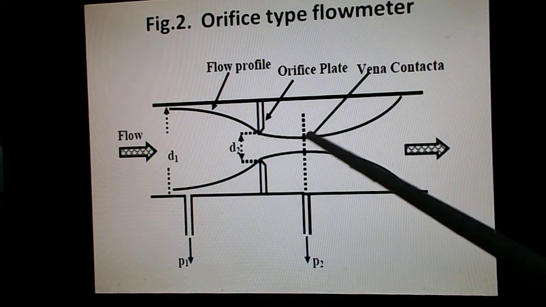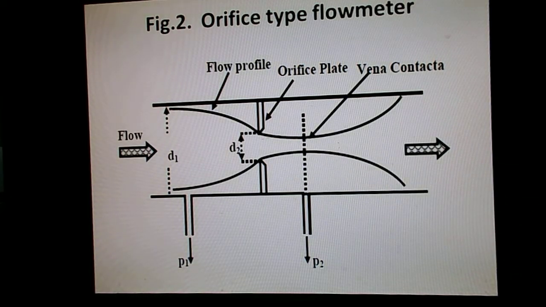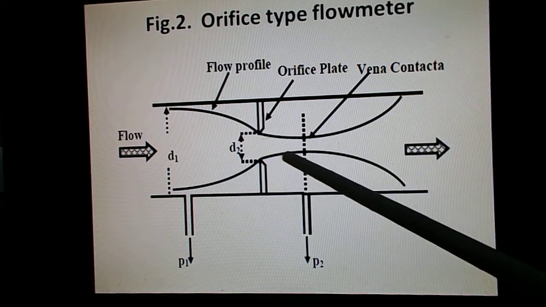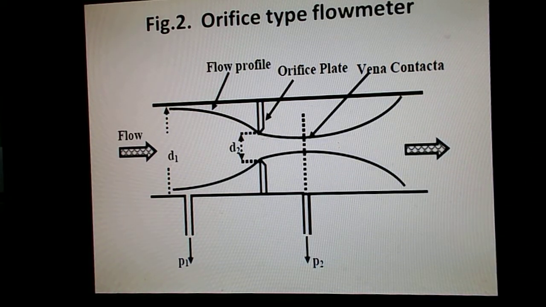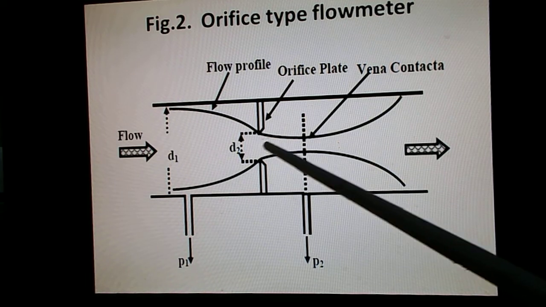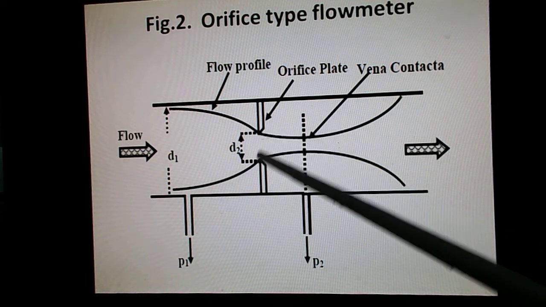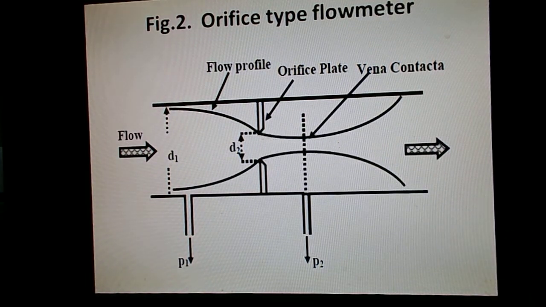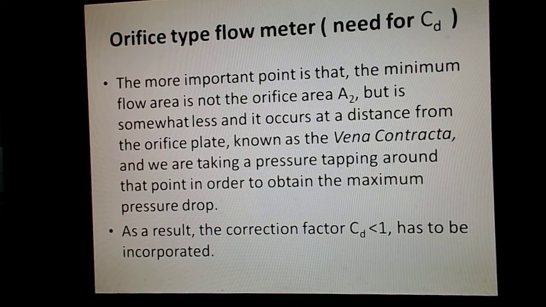The area of cross section of vena contracta is smaller than the orifice area A2. So to take into account this area difference between vena contracta and orifice plate area, we have to further reduce the coefficient of discharge.